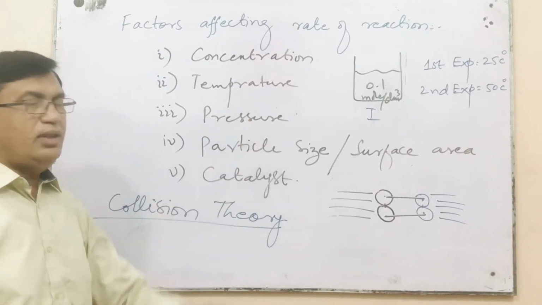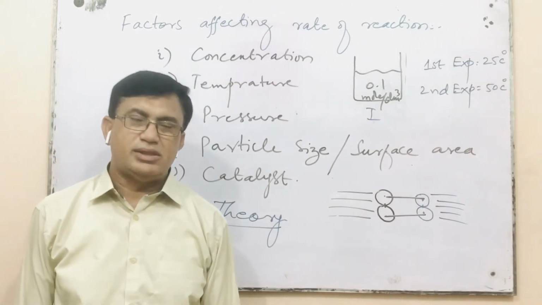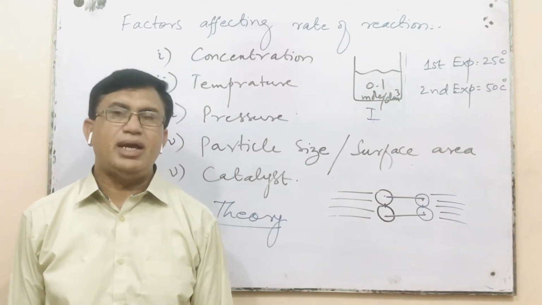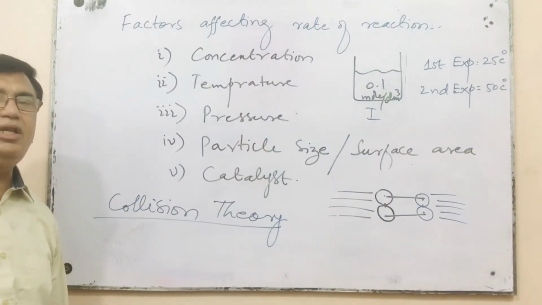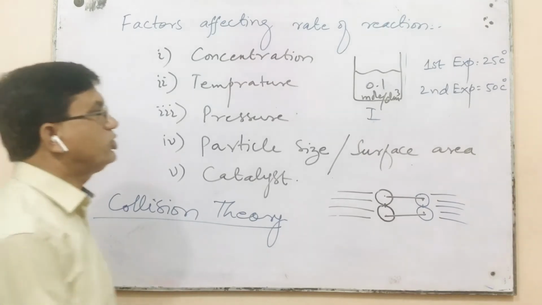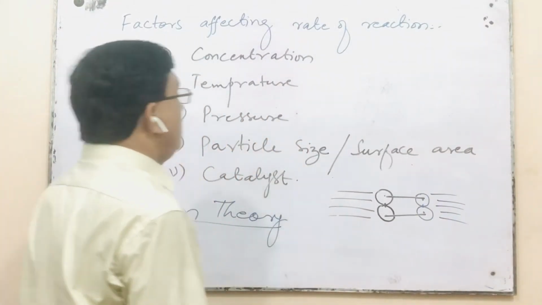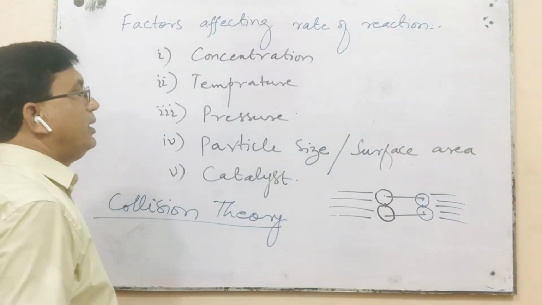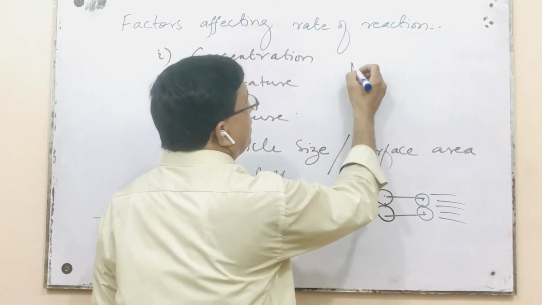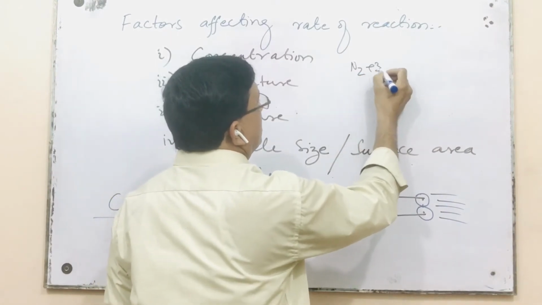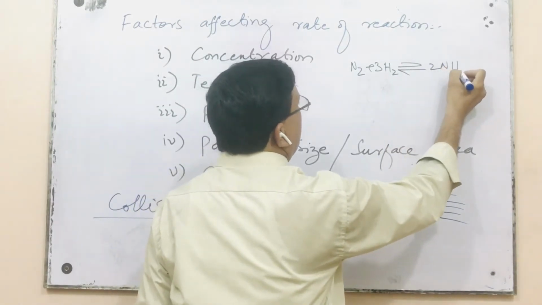But when the reaction is taking place between gases, the effect of pressure is significant, most prominent. For example, we have already learned that in the Haber process, nitrogen reacts with hydrogen and produces ammonia gas.